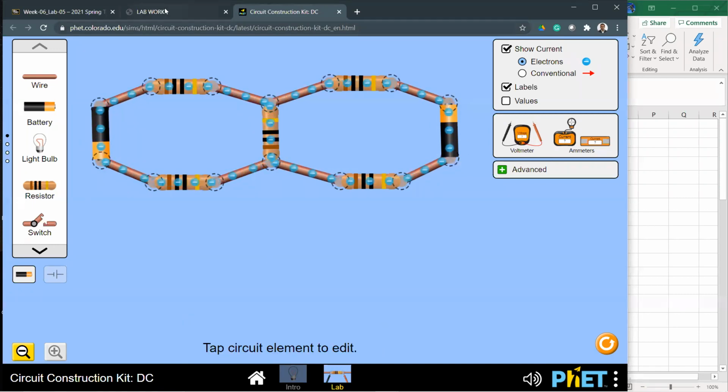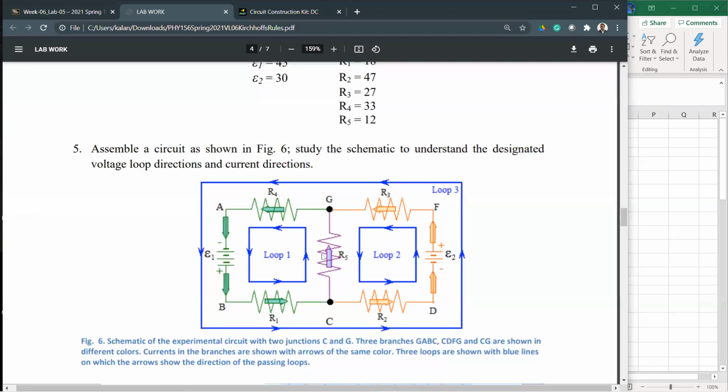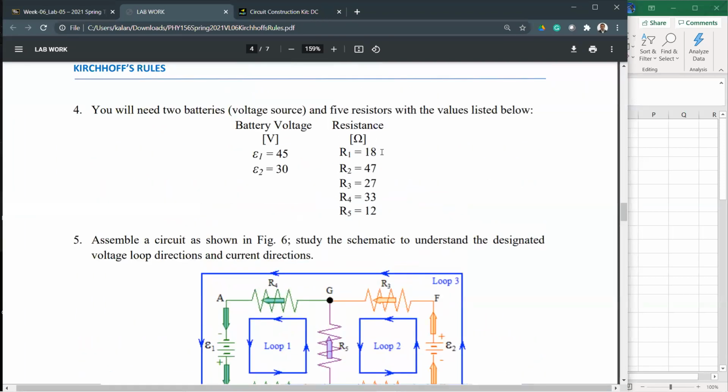And then let's change the resistances. R1 is the green one at the bottom, R2 is the bottom right orange loop, R3 is the top orange loop, R4 is the top left green loop, then the purple one in the middle is R5. So let's change those values: R1 18, R2 47, 27, 33 and 12, right?